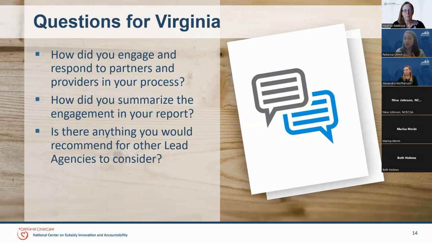And so we were able to really talk about those things in tandem in terms of improving payment rates for providers, but also making childcare more affordable and accessible for families, and how those things are two sides of the same coin and work together to really achieve the outcomes that we wanted to see.